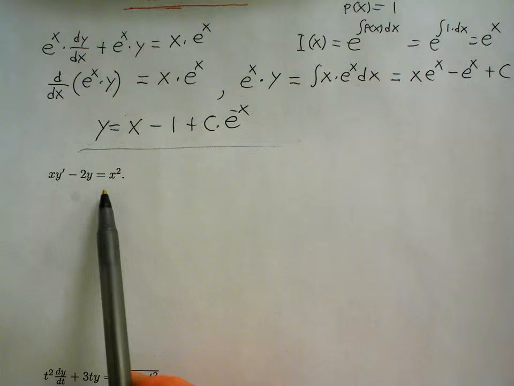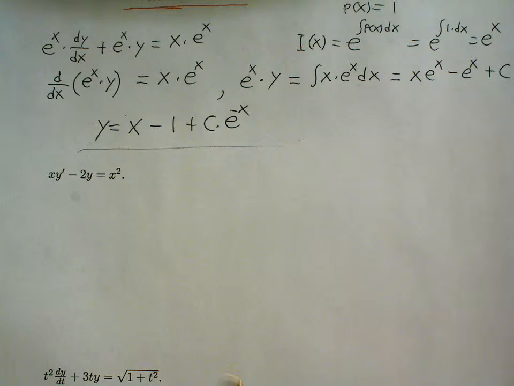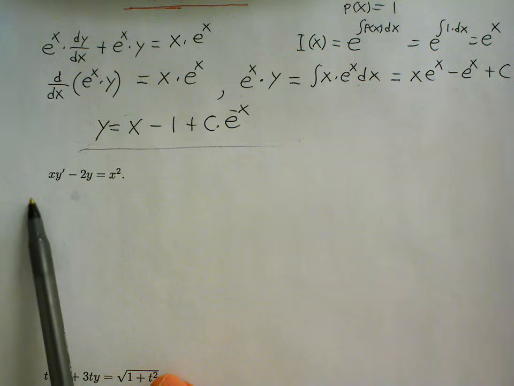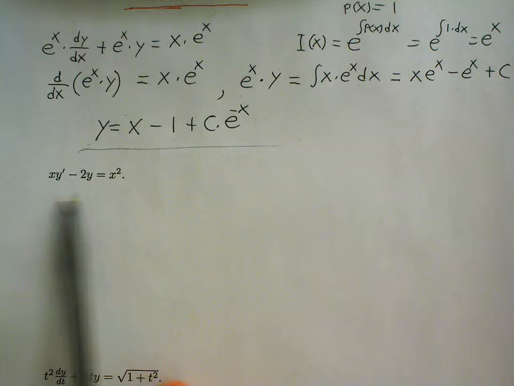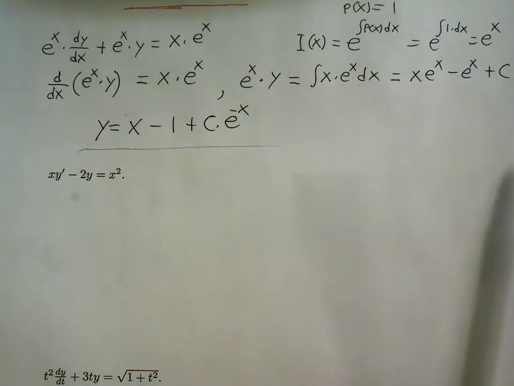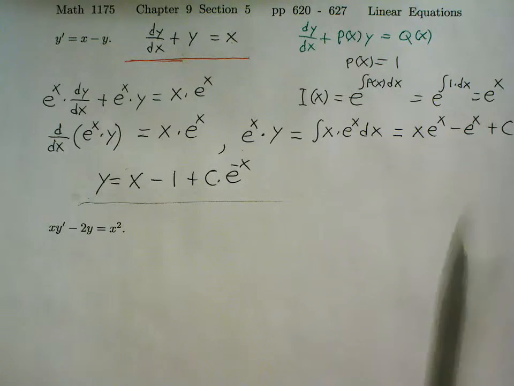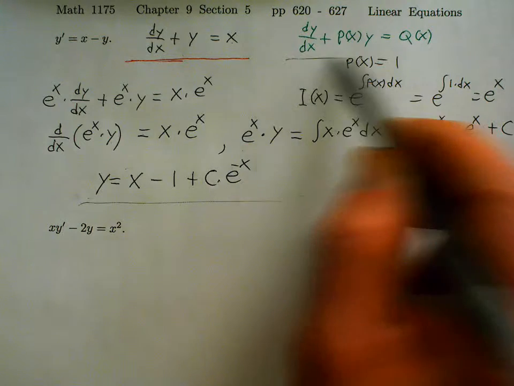What should we do to start with? Yeah, divide every term on both sides by x. So we want it to be in this form.